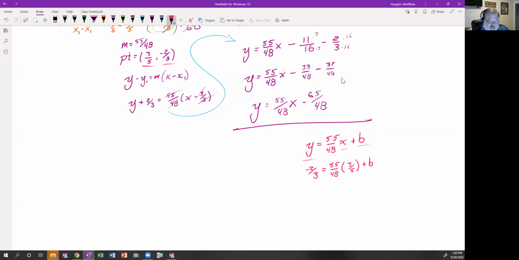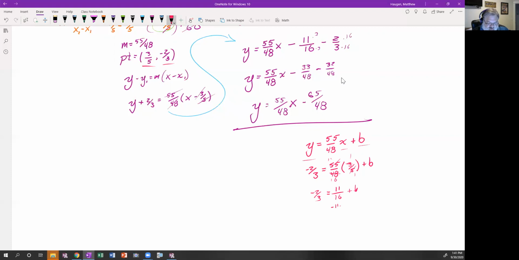Okay, so we're still multiplying these together. So our 5 still cancels. That's the same calculation we had to do up there, just in a different spot. So that's still 11/16 plus b equals -2/3. Okay, we're going to solve for that b.